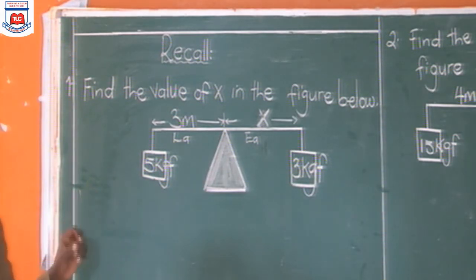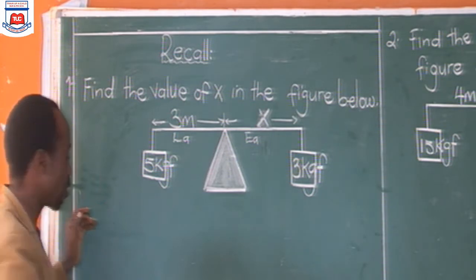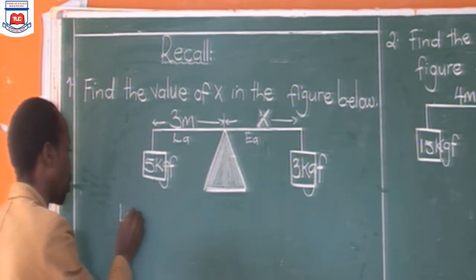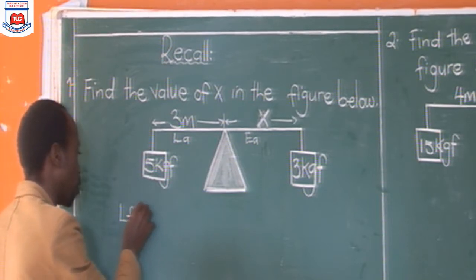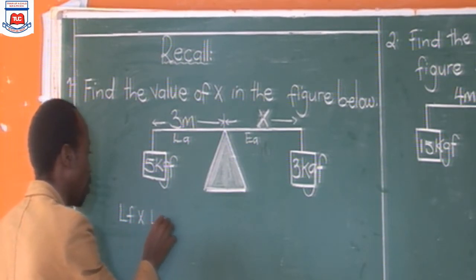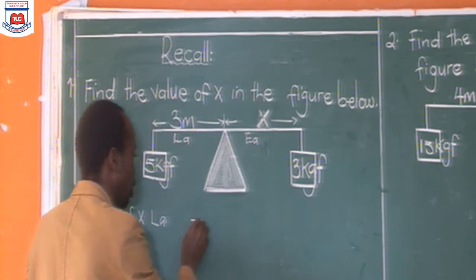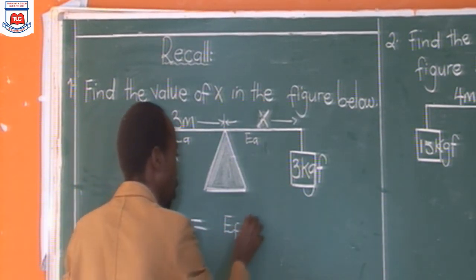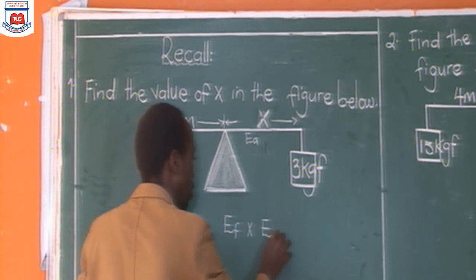So, let's first look at the moments this side. That is the load force multiplied by the load arm is equal to the effort force multiplied by the effort arm.